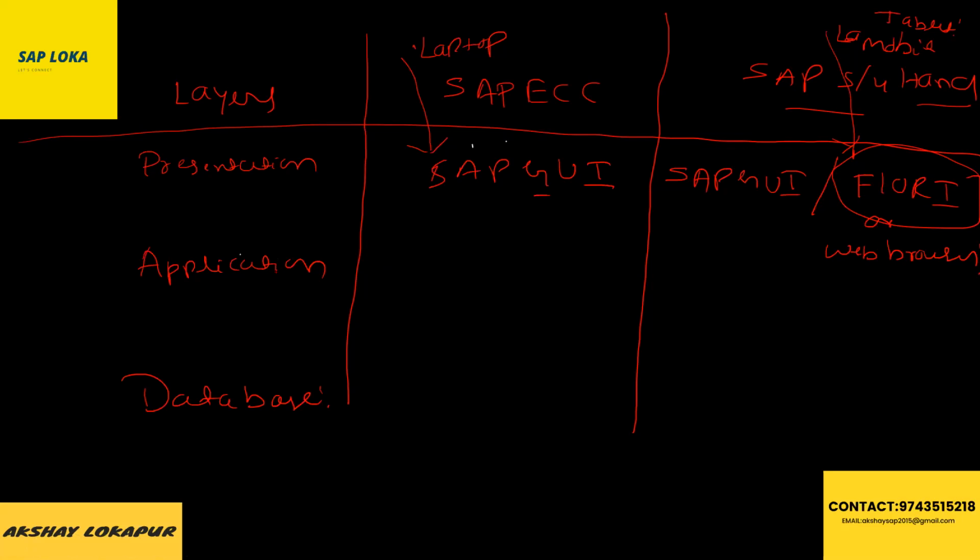Application layer wise, in SAP ECC we have our enhancement packages. We have different ones, EHP 6, 7, 8, everything we have. Different enhancement package versions, and accordingly we'll update.